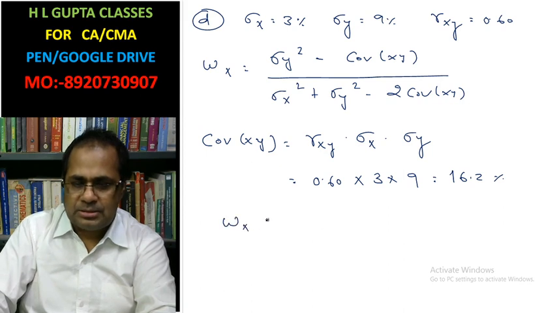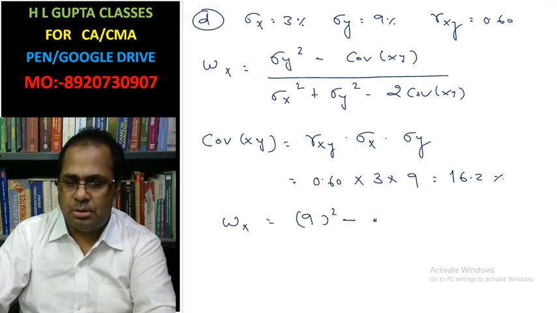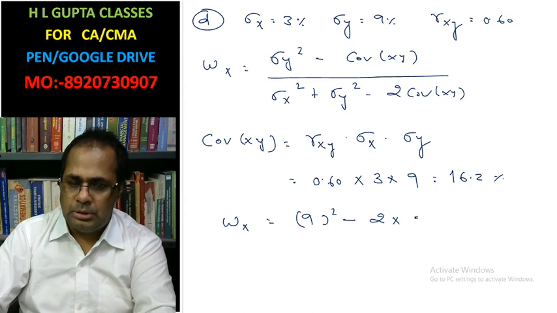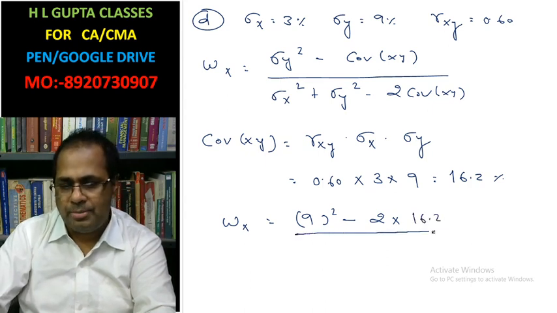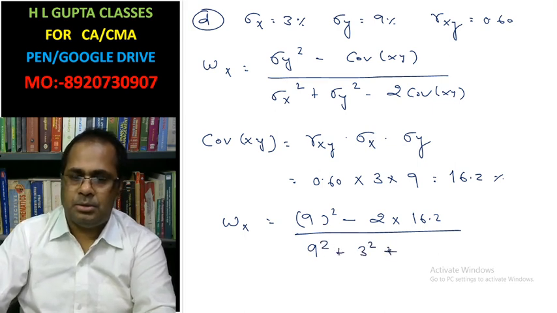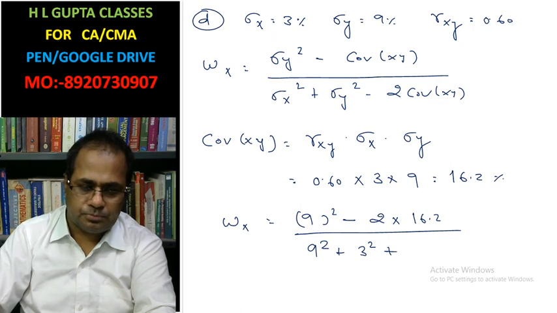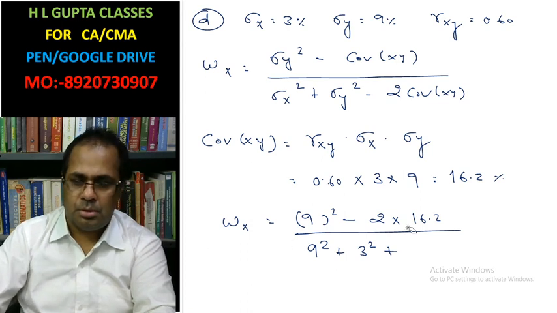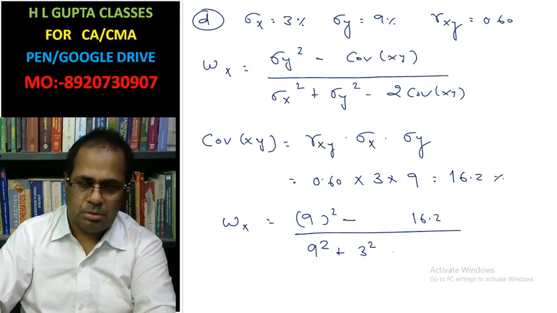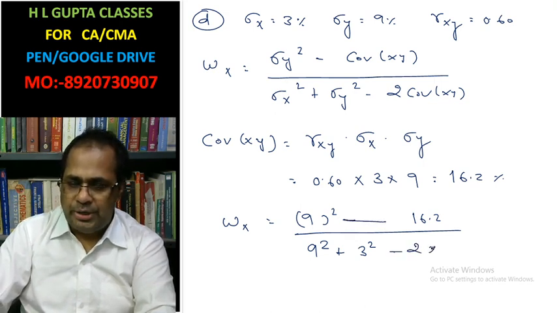Now weight X: in place of standard deviation Y square, 9 square is 81, minus 16.2, whole divided by 81 plus 9 minus 2 into 16.2.